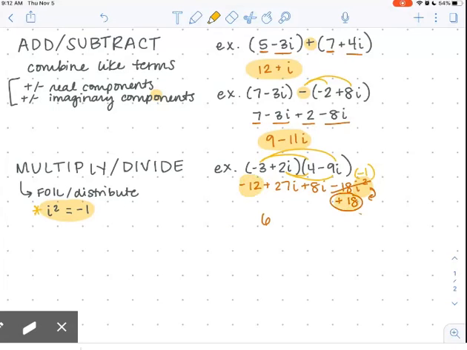Everyone clear how I got to plus 18 from what I originally had? Okay. So -12 plus 18 is 6. And then I combine my imaginary components, 27i plus 8i, which gives me a positive 35i. That would be my final answer here.